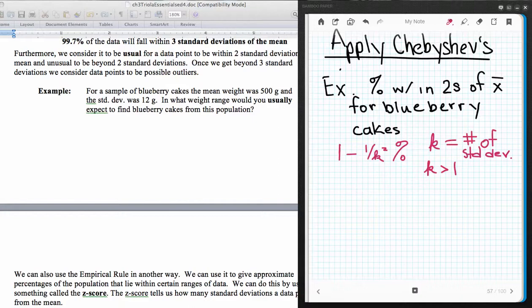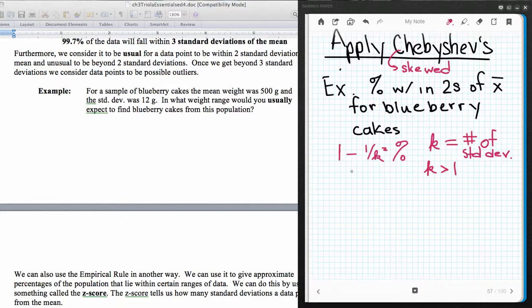The thing that we need to remember about this rule is it's mainly for skewed data. Now we can apply it to symmetric data, but remember that it's over generous. It says at least this, so it could be that there's actually less or more in there, depending upon the actual shape of the data.